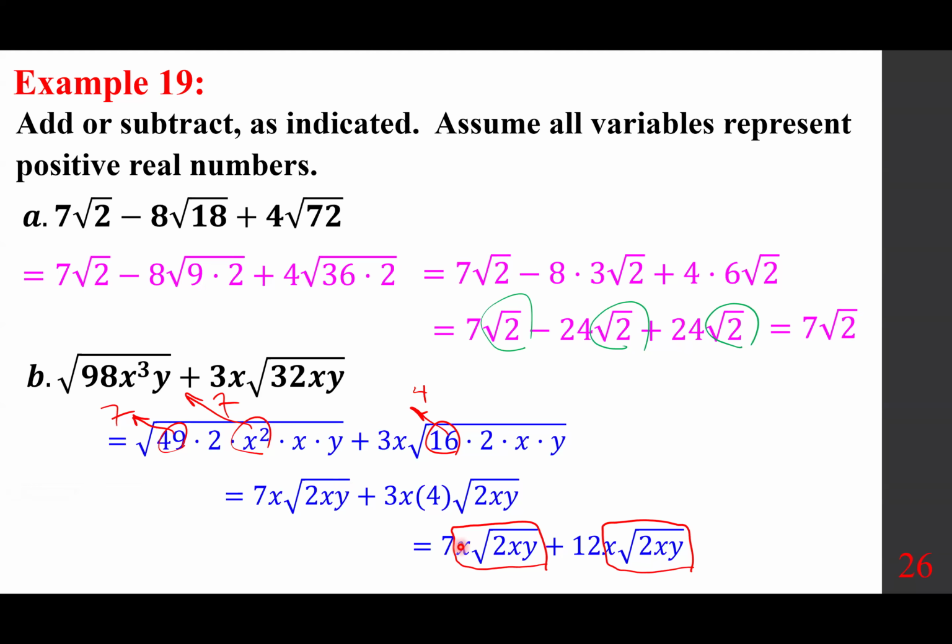So you're adding 7x of this to 12x of that. That's 19x total. 19x square root of 2xy. So I can't emphasize this enough. This is the way you would come up with the answer. It's very straightforward, everybody. We're going to move on.